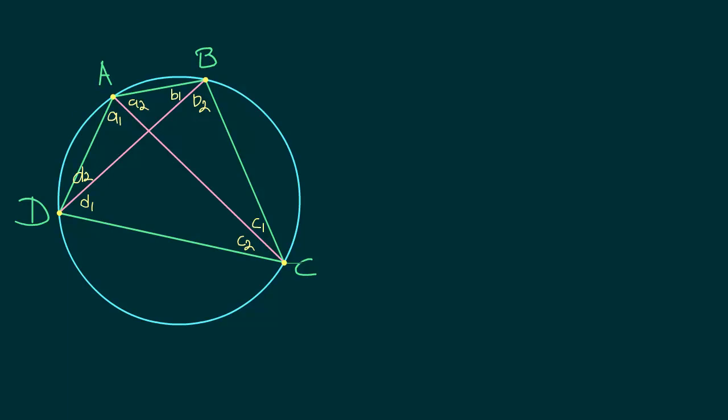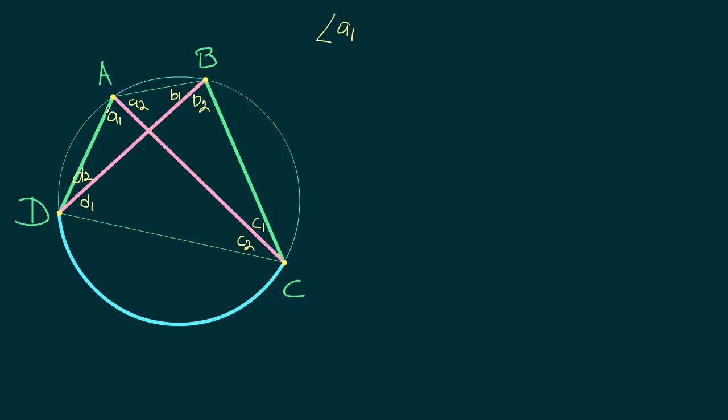Now, let's focus on this arc CD. So the arc CD subtends two angles on the circle. One is angle A, that is, this arc CD subtends angle DAC at point A, and similarly this arc subtends angle B2 or DBC at point B. So by theorem, we can say that angle A1 is equal to angle B2.